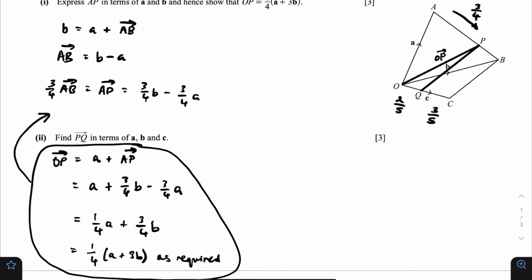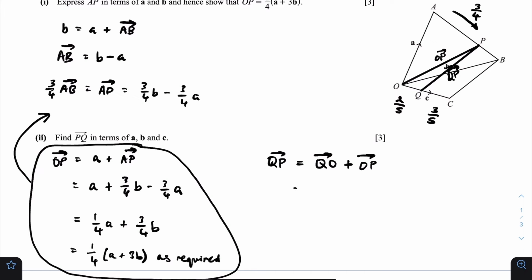So based on this, we can say that PQ, I'm going to write it as QP actually because it's just easier to visualize first. So QP is when it goes from Q to P. QP is equal to QO plus OP.